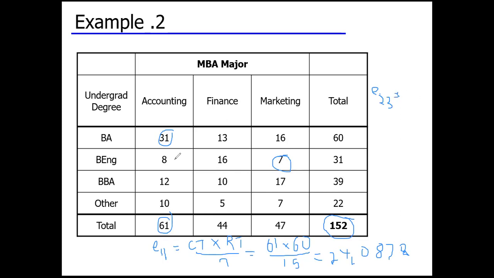What is the total for this row where 7 is located? It's 31. And the total for this column where 7 is located? 47. You multiply 31 by 47 and divide by 152. What is the answer? 9.5855. Now let's check. 7 is associated with 9.5855, which is the same as 9.59.